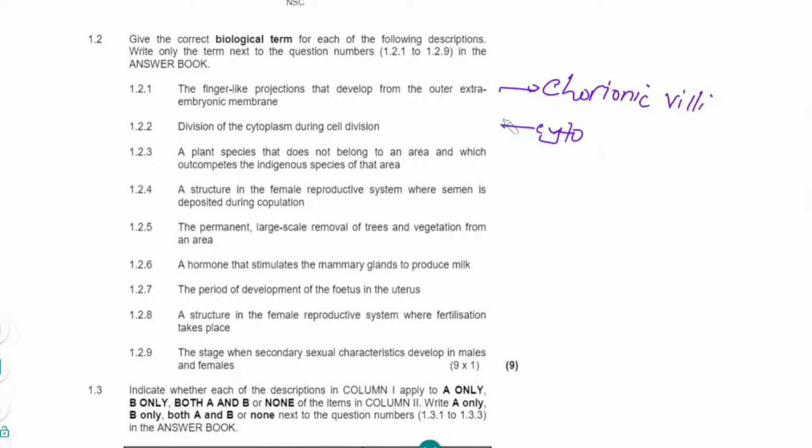Plasm is the fluid of the cell. So division of the cytoplasm means the cytoplasm divides. So now your answer must start with cyto, then you add the division, which is kinesis. Kinesis.